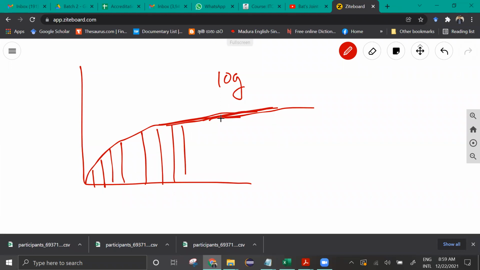Beginning it is changing rapidly, but with time it changes to some smaller changes. This is the logarithm or log function. This is again n, and in our case this is t.